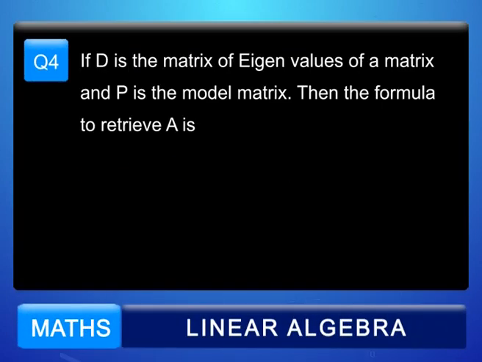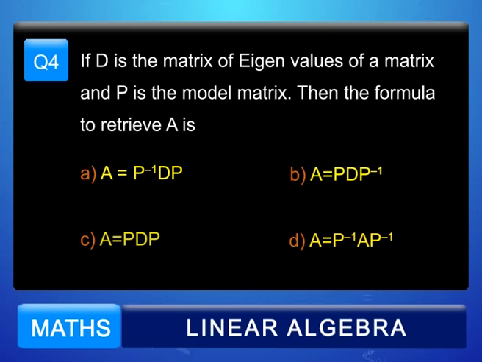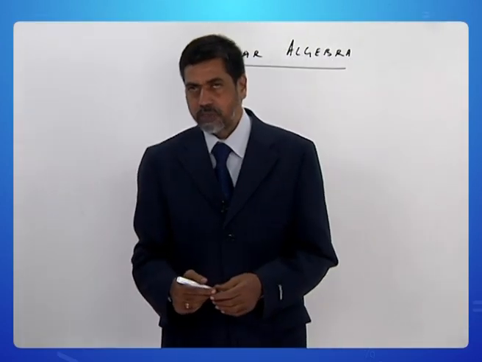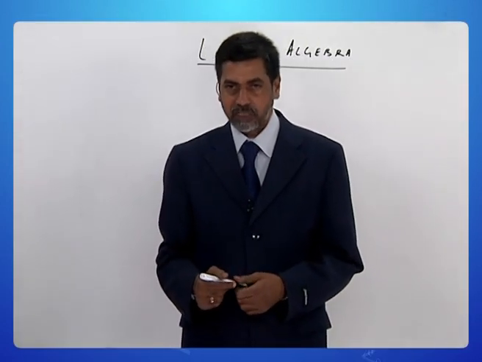Question number 4. If D is the matrix of eigenvalues of a matrix A and P is the corresponding modal matrix, then what is the formula to retrieve A? Now this problem is based on the concept of similar matrices.